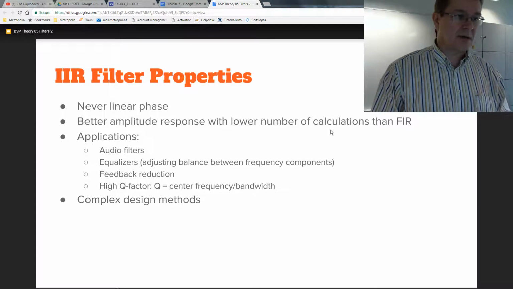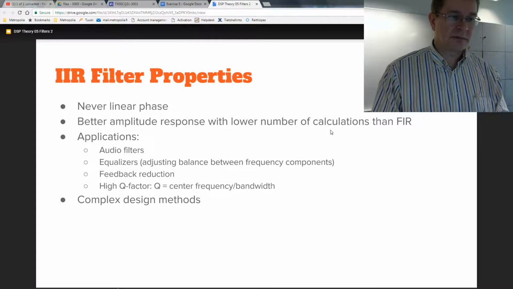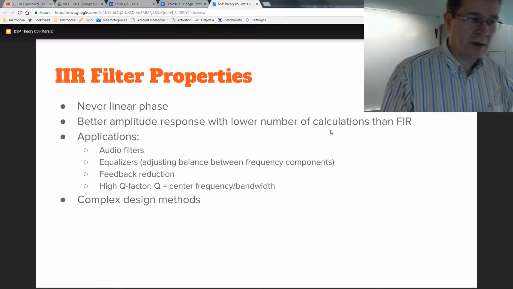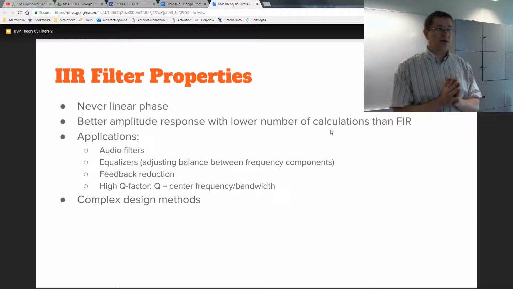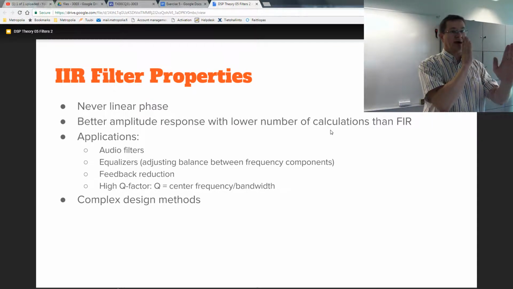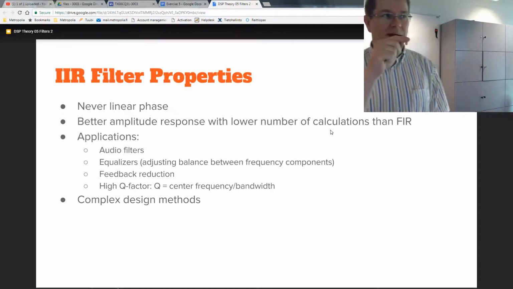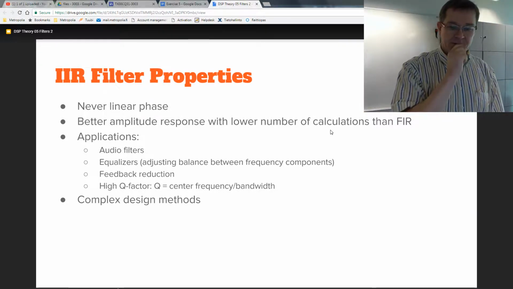And whenever you need a high Q factor, meaning narrow bandwidth filters, then IIR is your answer.